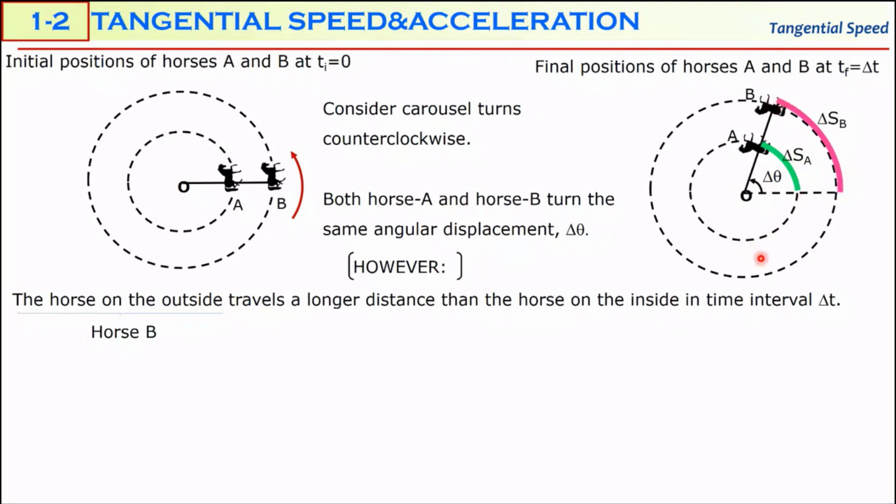The horse on the inside is A. The distance traveled by the horses is called arc length. Remember, we defined it as delta S. For A, I said delta S A. For B, I said delta S B. So this belongs to horse B, and this belongs to horse A. Then horse B has a longer arc length than horse A.